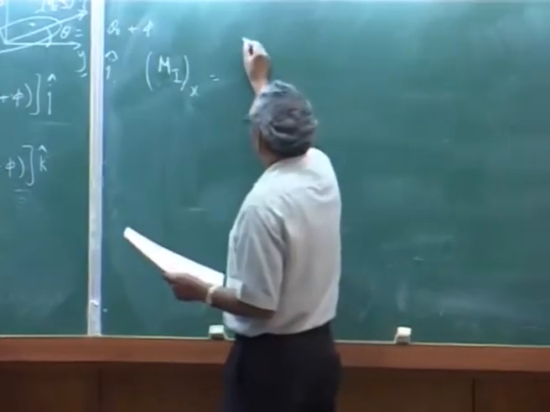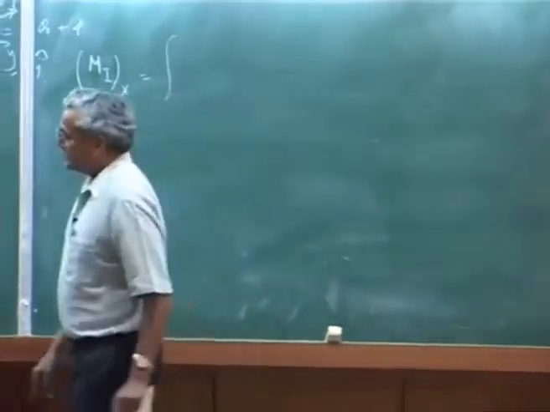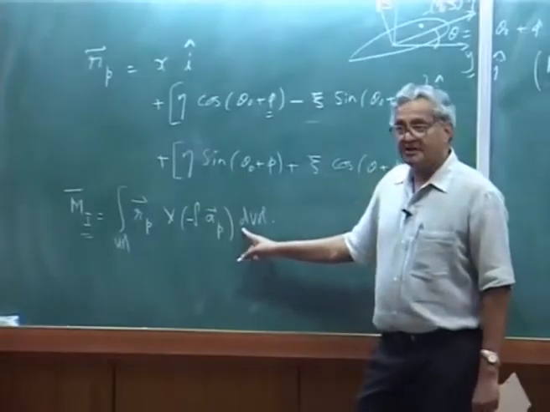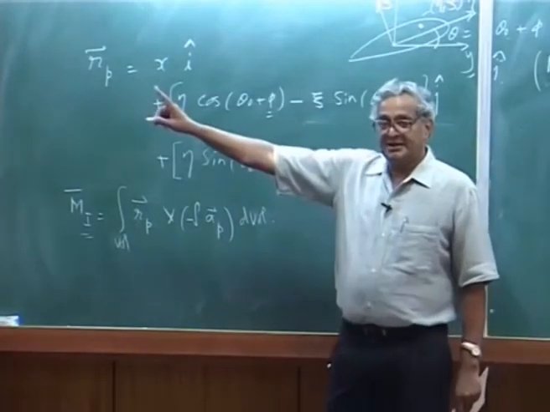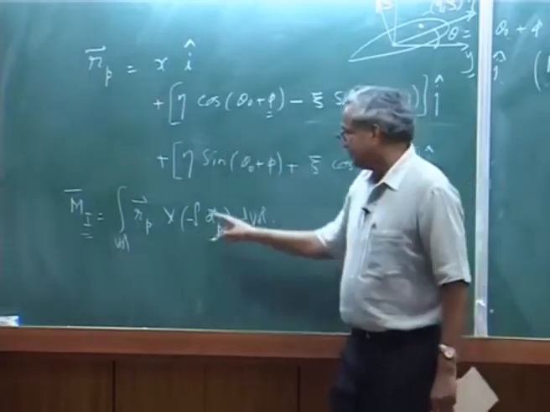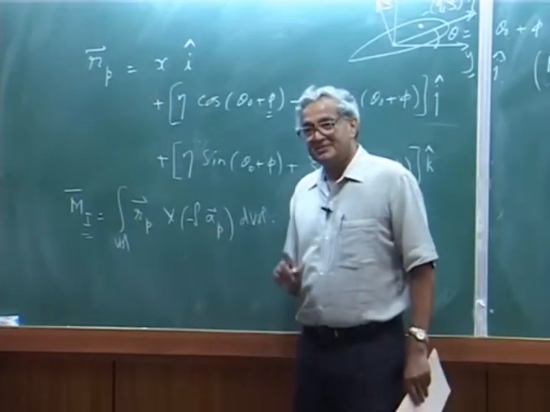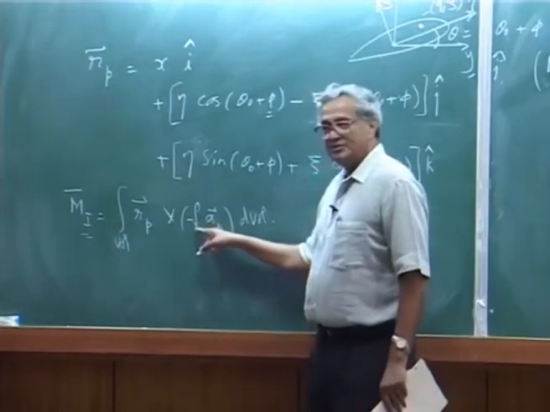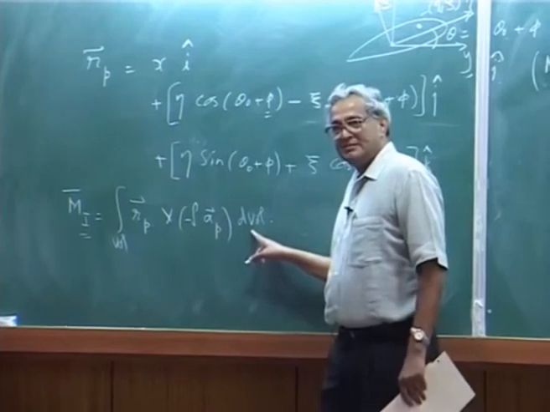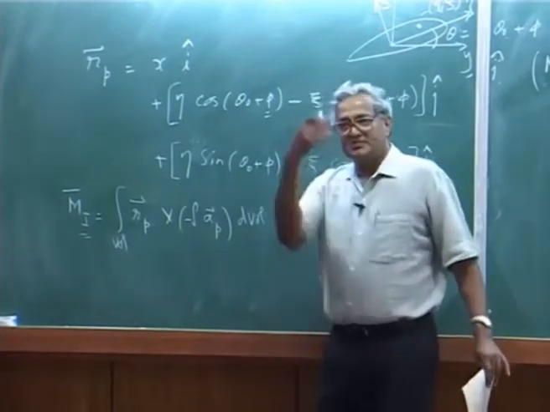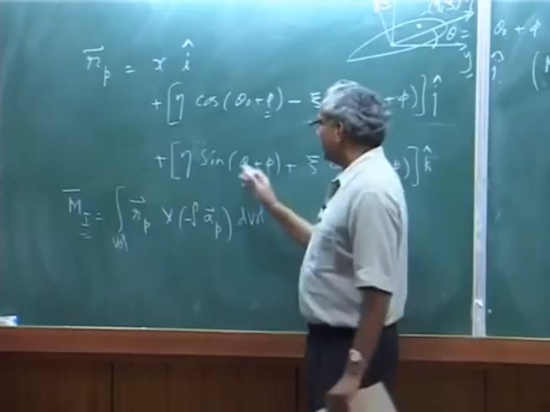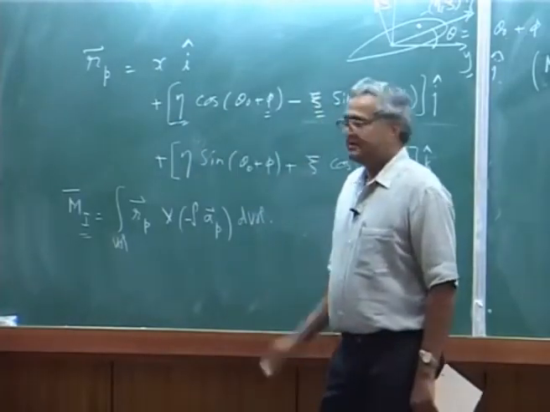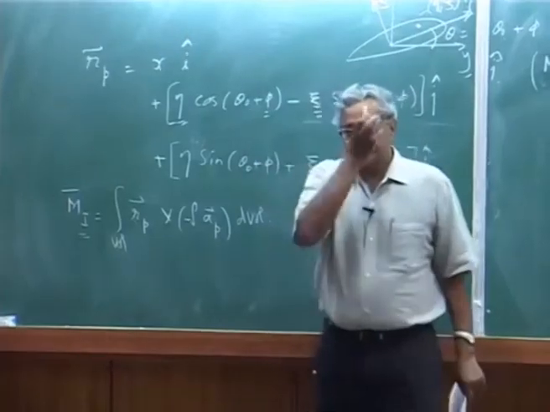I am going to do this volume integral by splitting it into one along the length and another over the cross-sectional area. The rho dA integral I will write separately, because over the cross section the only variables are eta and xi; theta naught and phi do not change.